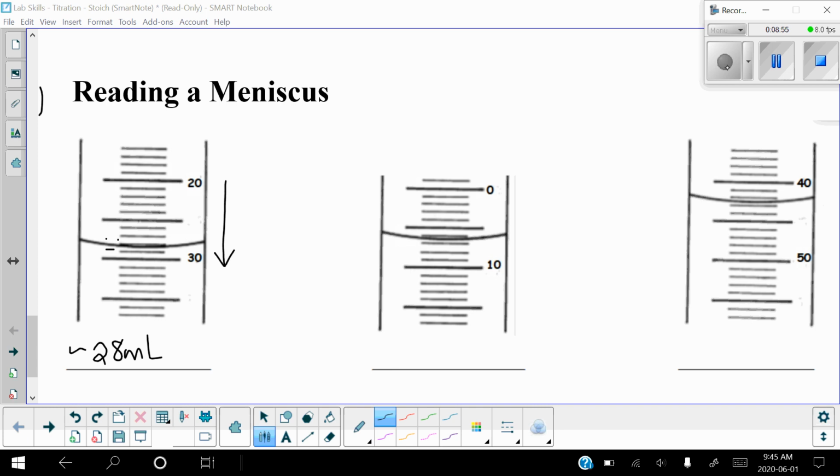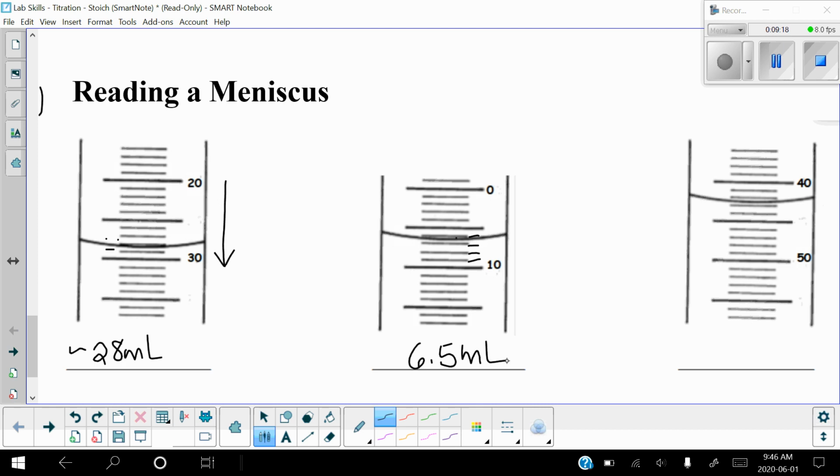Okay, for the next one, this is 9, 8, 7, and 6. The bottom of the meniscus is hitting relatively close between the center of 6 and 7. So I would say that this is about 6.5 milliliters.